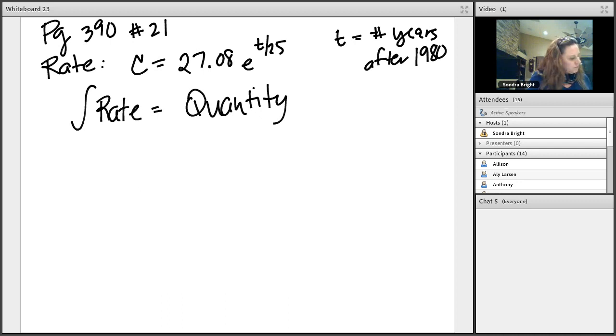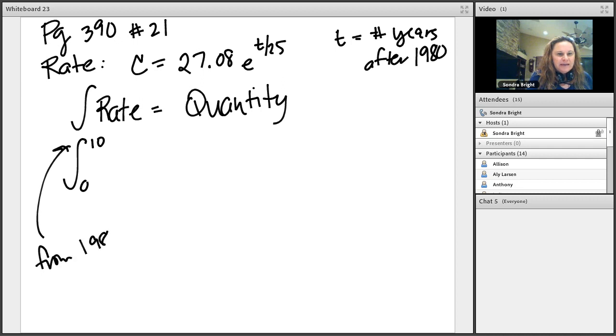Jeez Louise, this book is old. I don't think it's that old, but whatever. They want the consumption from 1980 until 1990. So you're going to integrate until 1990. That means your T would be 10. So from 1980 till 1990 means you're going to go from T is 0 until T is 10.